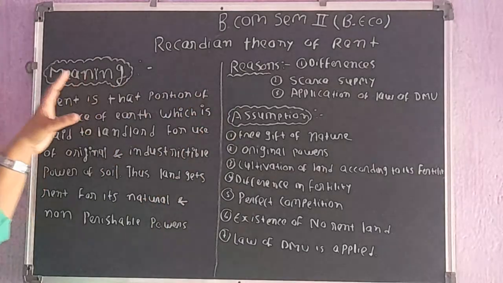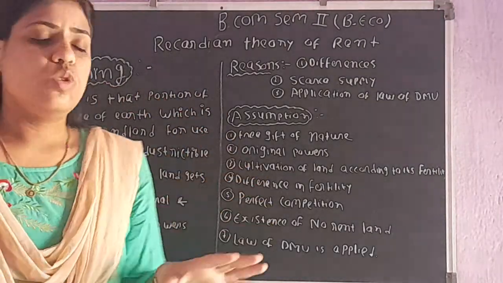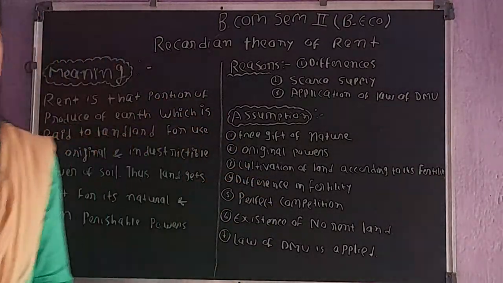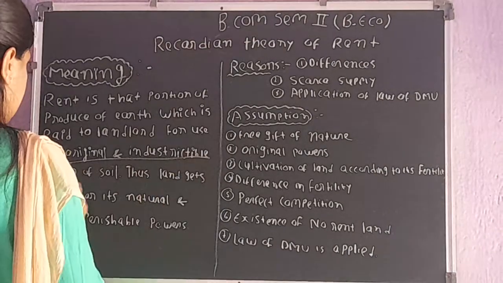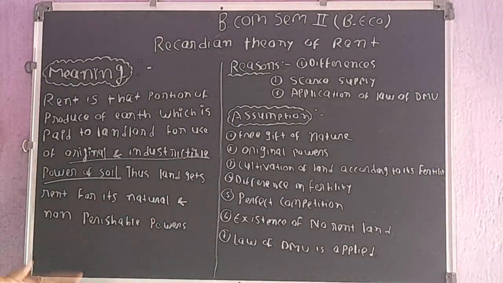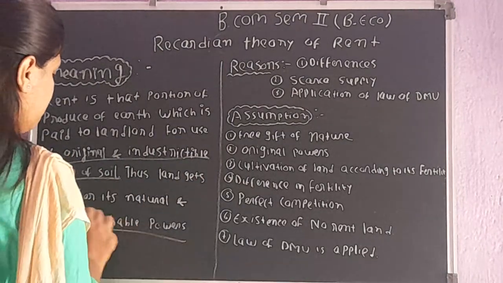But when we talk about the Ricardian theory of rent, according to David Ricardo, rent is that portion of the produce of earth which is paid to the landlord for the use of the original and indestructible powers of soil. Thus, land gets rent for its natural and non-perishable parts.